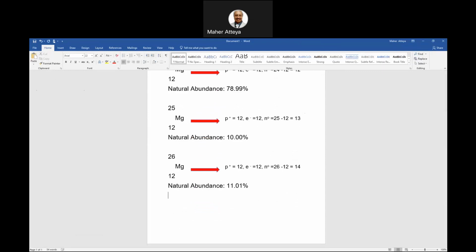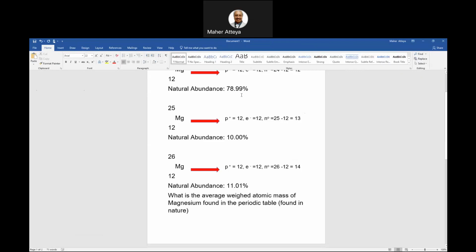Question is, what is the average weight atomic mass of magnesium found in the periodic table? When I say found in the periodic table, it means found in nature as well.